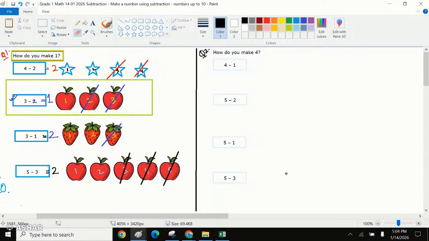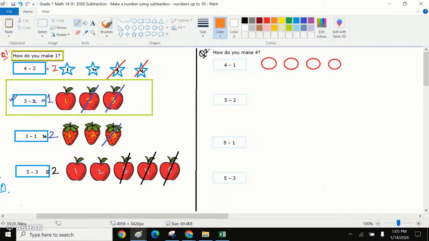Okay, so 4 minus 1, right? Can we say 4 minus 1 would be, if we had, I'll suppose a very simple shape, 4 circles, right? Circle 1, circle 2, circle 3, and circle number 4. Because this says 4 minus 1.